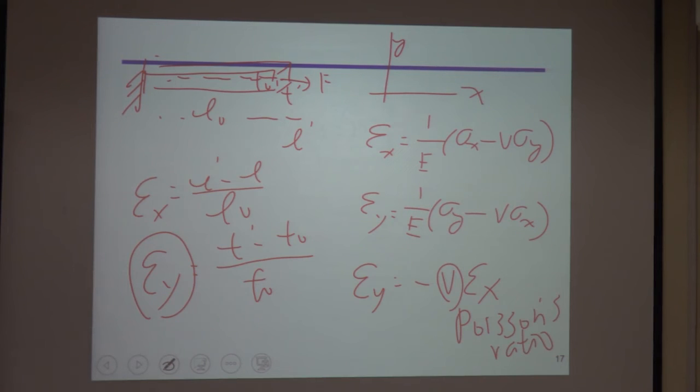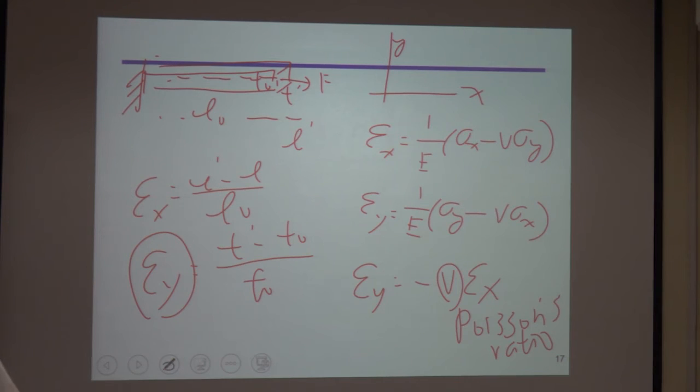So if you have a wire and you make it longer, you create epsilon x, but at the same time the thickness is going to become smaller. So there's a ratio between epsilon x and epsilon y. The ratio is the Poisson ratio nu.